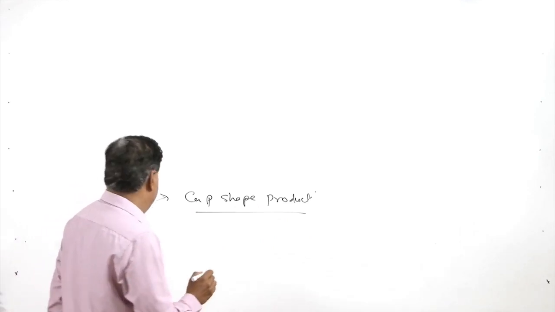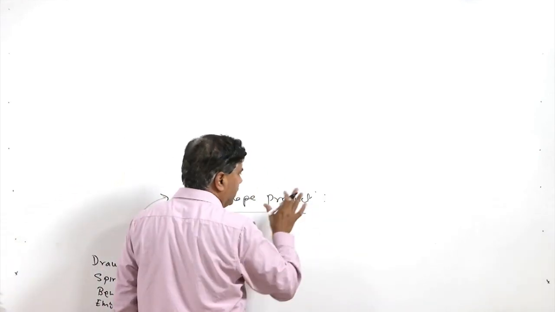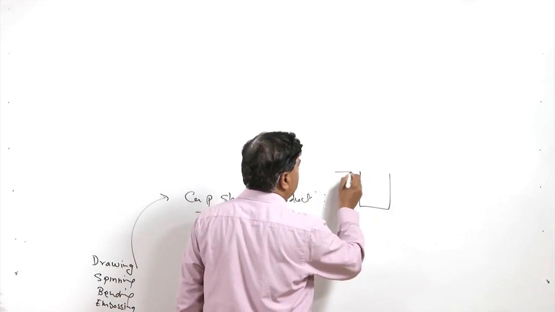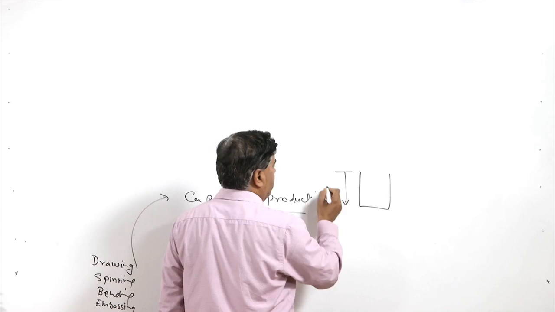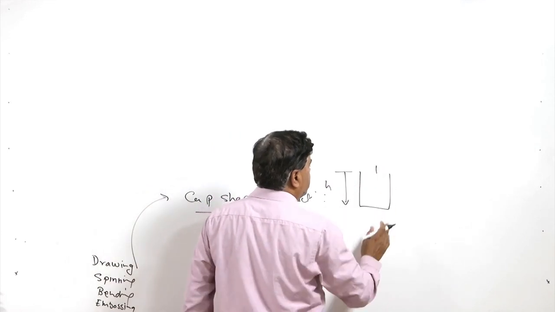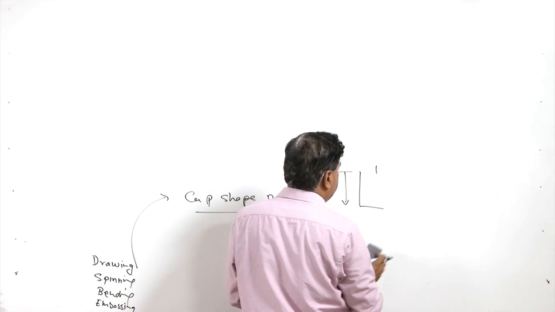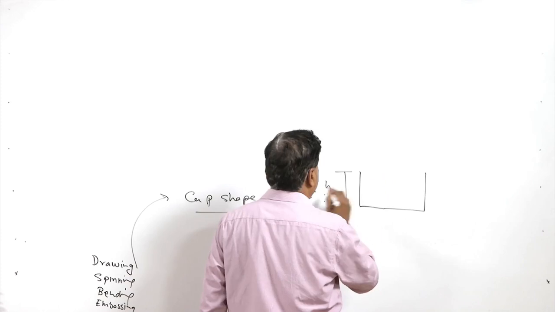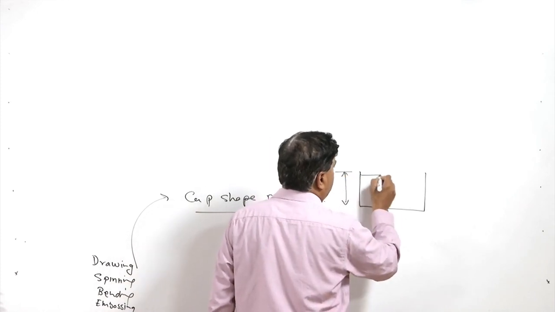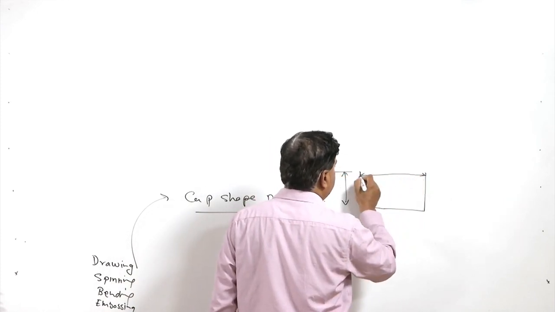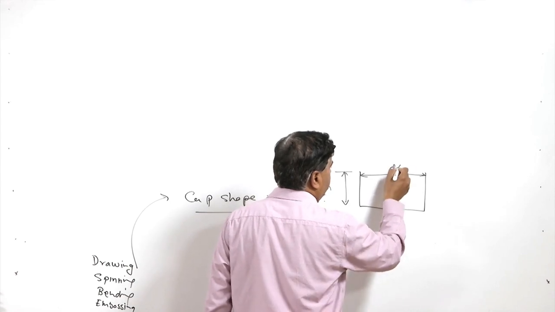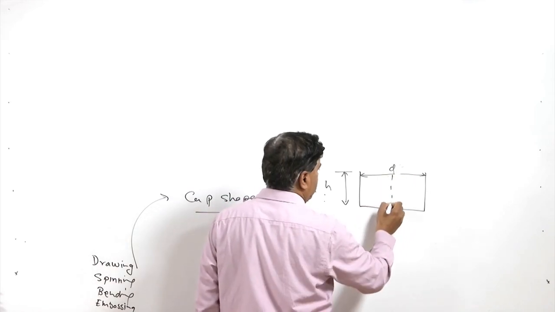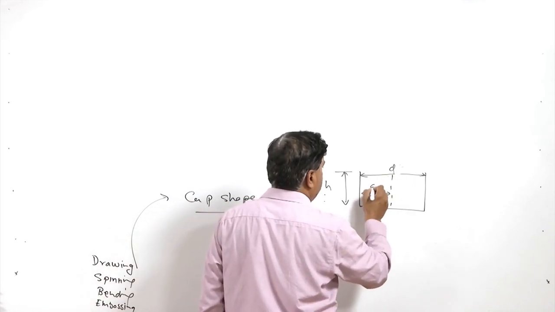Especially the cup shape products are of this kind, wherein the height of the cup h and the diameter of the cup, this particular ratio is like this, wherein the height of the cup is smaller than half of the diameter of the cup. So, d is the diameter, and half of the diameter is this much. So, d by 2.